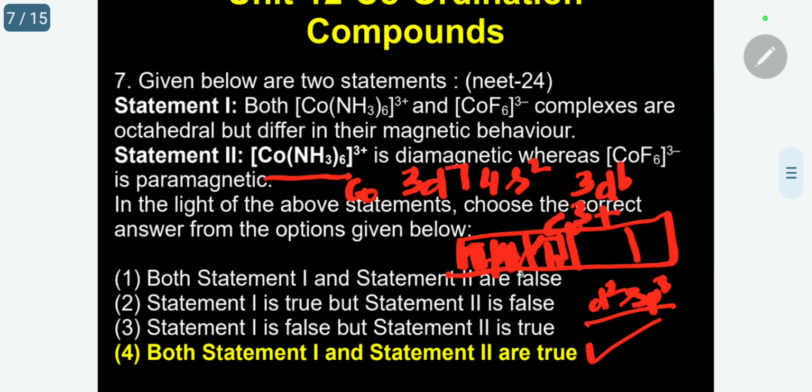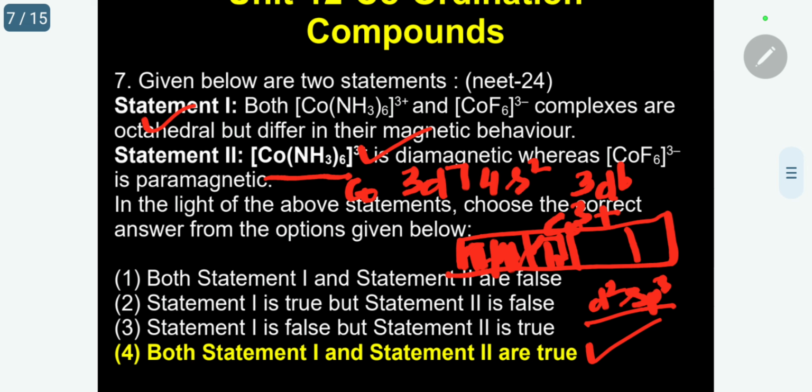All electrons are paired, so it is diamagnetic. So statement 2 is correct. Both Co(NH3)6 3+ and CoF6 3- complexes are octahedral. Octahedral means 6 ligands. So statement 1 is also correct.